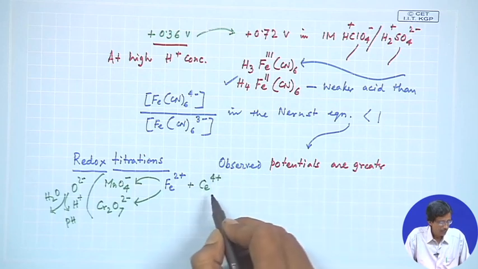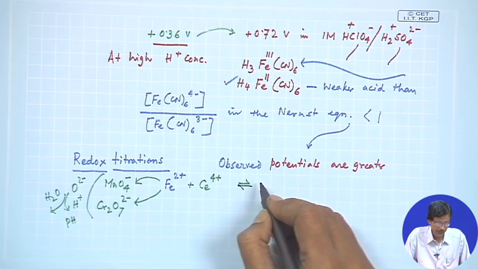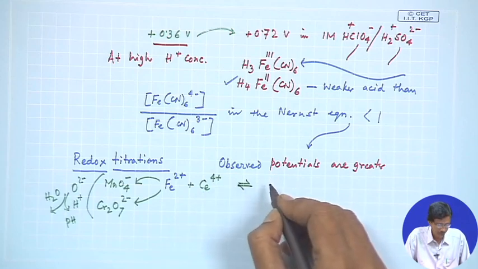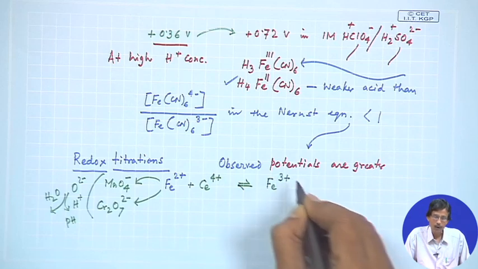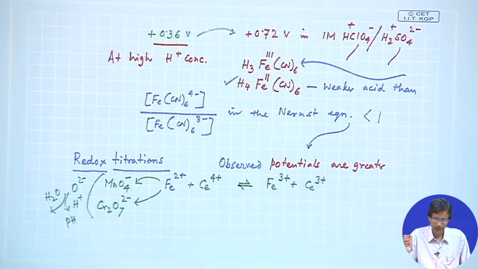But in a particular reaction concentration you can directly study the reaction of the ceric ion, the tetravalent cerium, with the ferrous ion to convert it to the ferric ion. In our next class we will consider how to get the redox titration curves and how we plot those curves to get information related to redox titrations. Thank you very much.